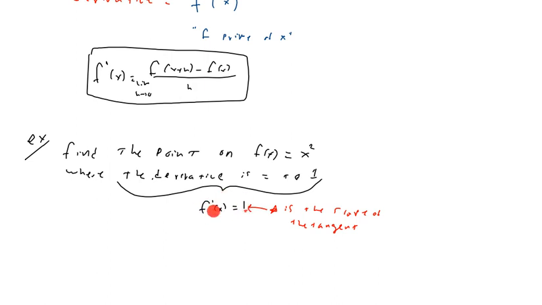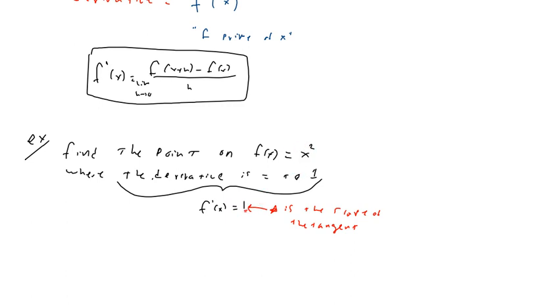F prime only tells me slopes. So we're looking for the point on this function where the tangent slope is equal to 1, where the derivative is equal to 1. And you can imagine a picture of this.